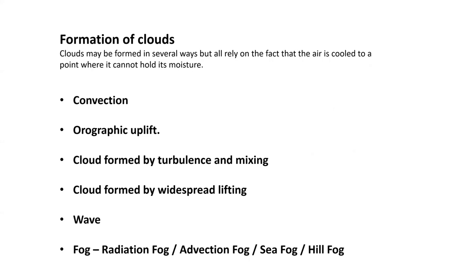Yeah. Cloud formed by turbulence and mixing. So we would see that when we're landing in a plane, it's got the flaps out. You're coming into Ringway Airport, flaps down, and you just see that huge vortex of water vapor coming off the back of the flaps, which is cloud formed by turbulence mixing.